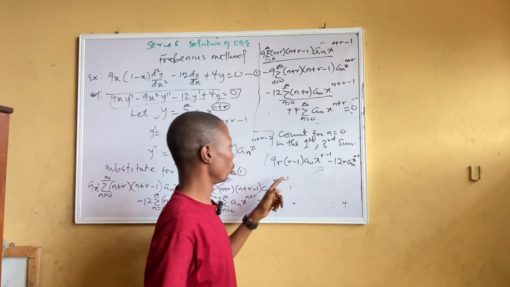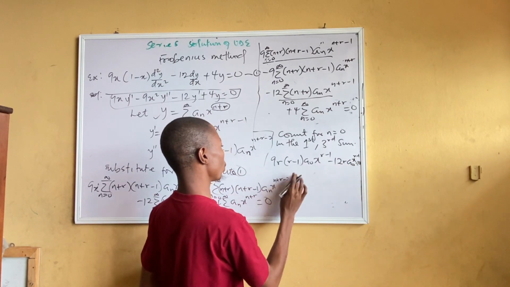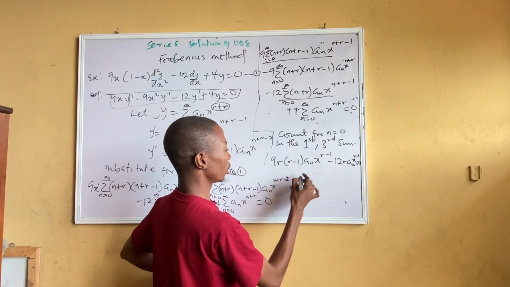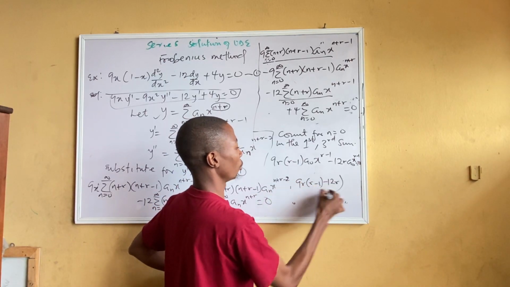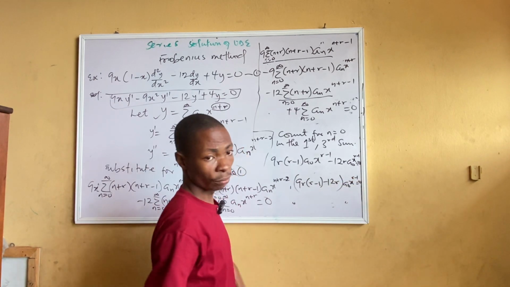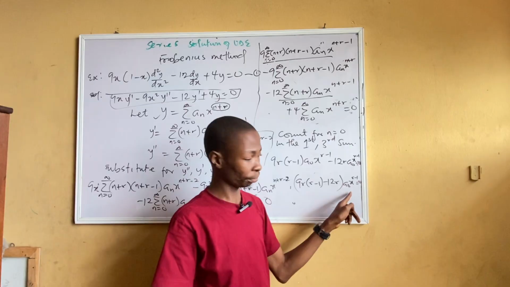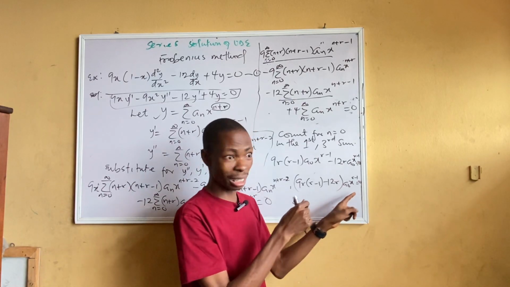Okay? So this thing that you count now, equate it to 0. If you equate it to 0, factorize, this will be 9r into r minus 1 minus 12r of a naught x raised to r minus 1 equals to 0. Okay? Equate that one to 0. Don't forget, a naught is the initial condition, is not 0.